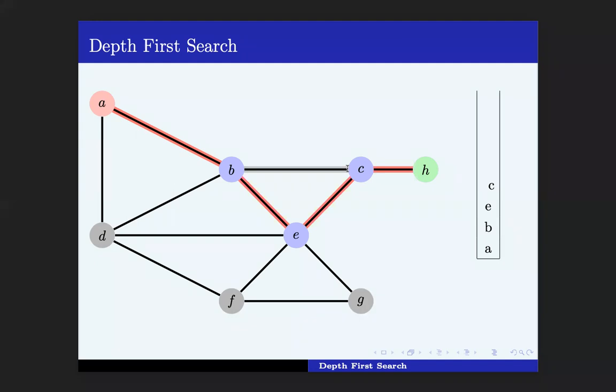But your stack already contains the information where it came from, right? That comes from the information that it came from, but B is there, much lower down. So at this point, if I look at this stack, it doesn't immediately show me that the CB edge has been looked at already.